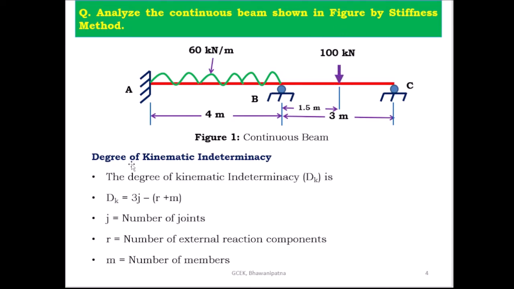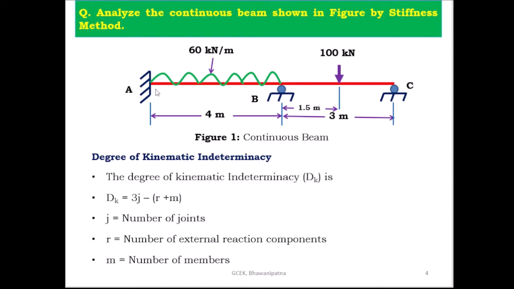So first find out the degree of kinematic indeterminacy. The degree of kinematic indeterminacy dk is equal to 3j minus r plus m, where j is the number of joints, r is the number of external reaction components and m is the number of members.